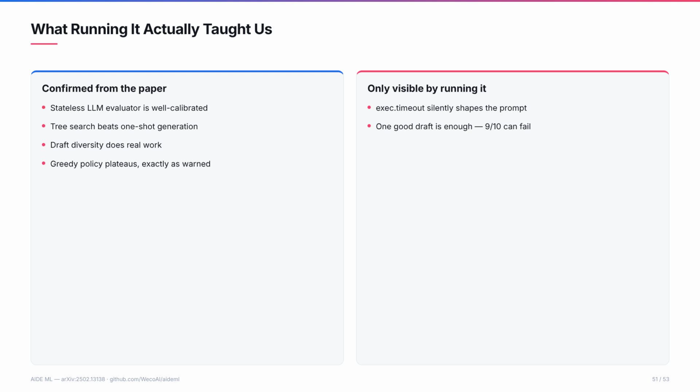One good draft is enough, even when 9 of 10 nodes fail. And most interestingly, on house prices, every LightGBM node hung on our 28-core machine and got marked buggy, so the search implicitly routed around a broken library, and the winning solution used random forest instead. Nobody told it to. Failure marking did it.